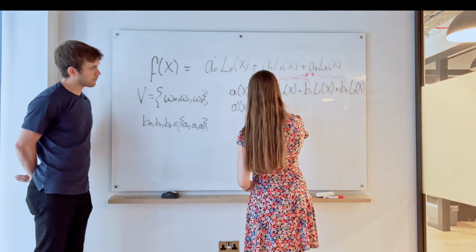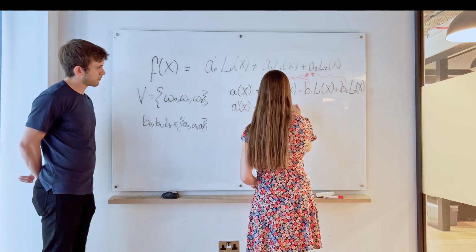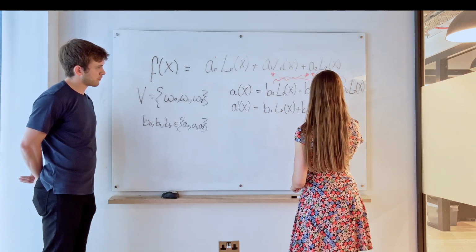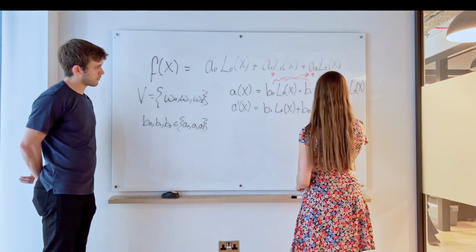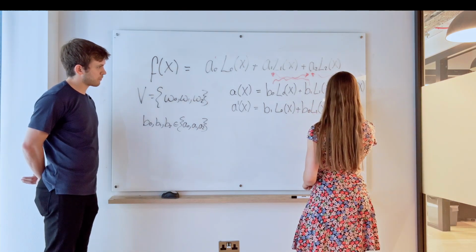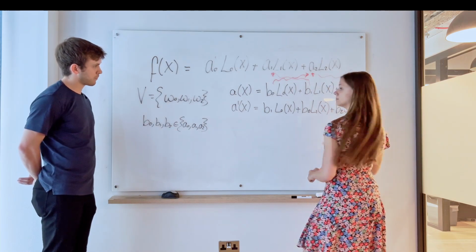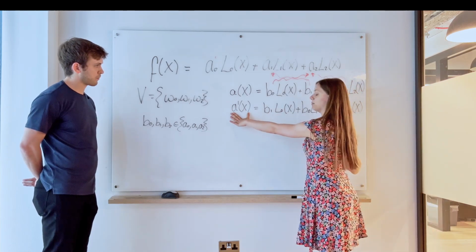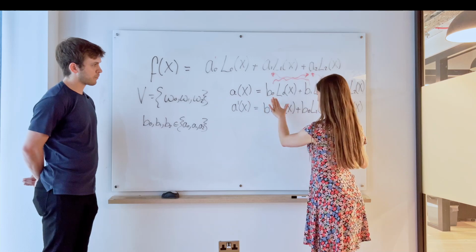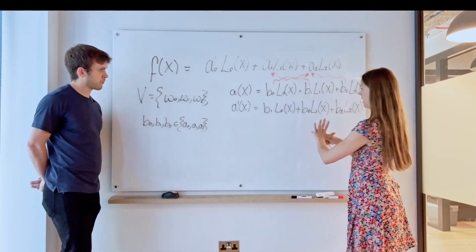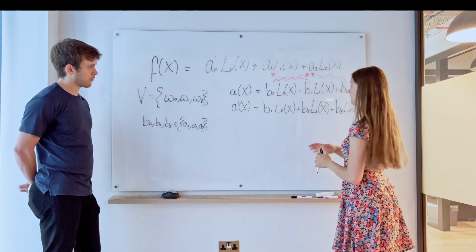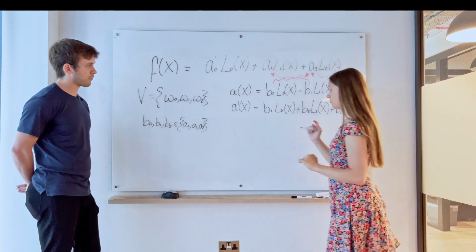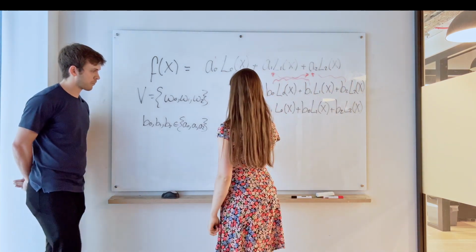Probably want B1 first, which is equal to B1 L0 of x plus B0 L1 of x plus B2 L2 of x. But the prover might not give you the correct value of A prime of x. You really need to enforce that A prime is genuinely a permutation. You don't care what permutation, but you care that it's a permutation. So the very first thing they do is just a permutation argument.